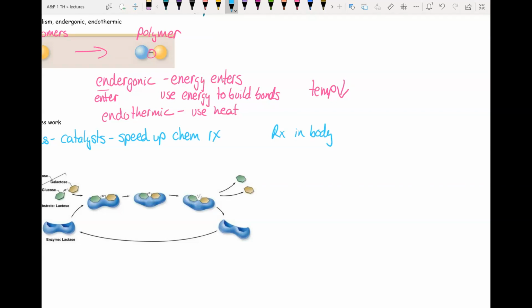Metabolism just means all the chemical reactions in your body. You need them to happen fast enough to keep you alive. Chemical reactions will eventually happen on their own, but it would be so slow that you would die waiting for them. So you need them to go fast.